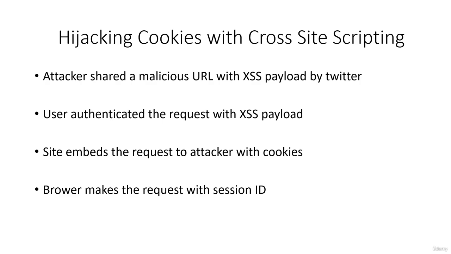Now this is a reflected XSS. It could also have been a persistent XSS, which is cross-site scripting that is actually stored in the database, so that everybody sees it when they come to the site, and it doesn't have to be reflected by a malicious URL like we demonstrated previously.